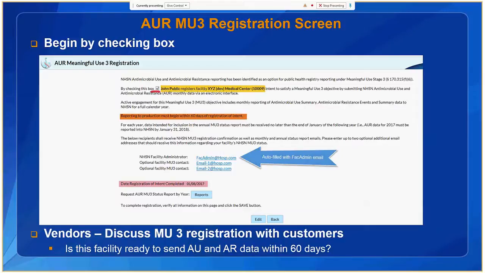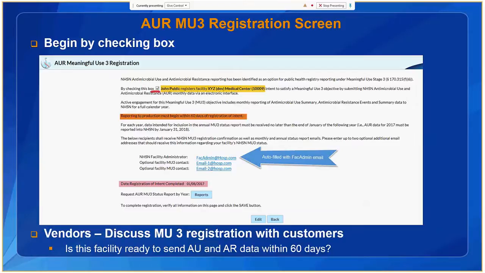The email is auto-filled, and there are actually 2 other spaces for optional emails. What this is for is that reports will be generated and returned to the facility administrator and the users for their optional emails.